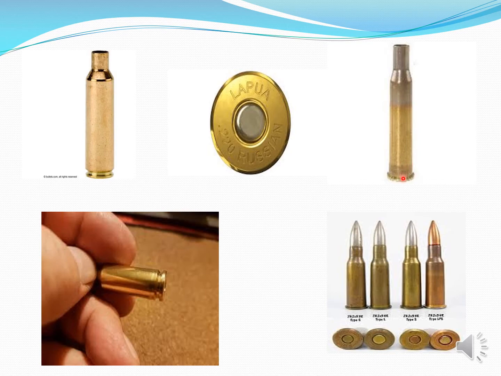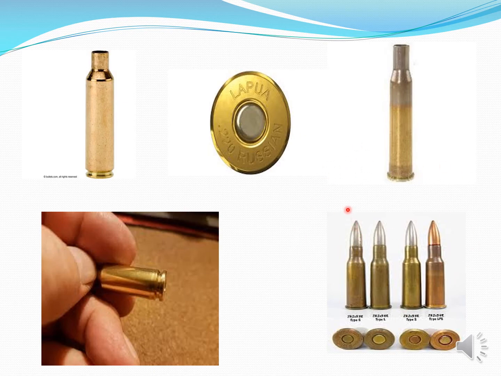We will look at the bottom. If there is a rim, it is a non-automatic surface rifle. There are all rims, so all of them are non-automatic surface rifles.